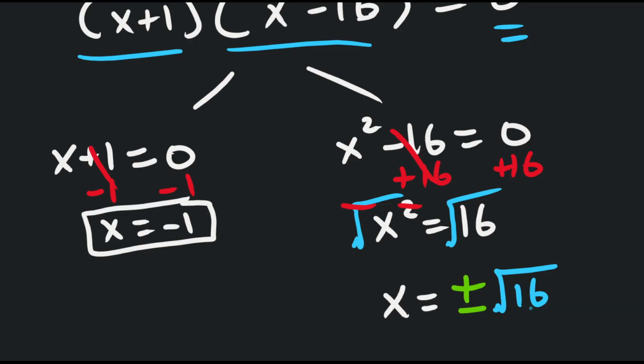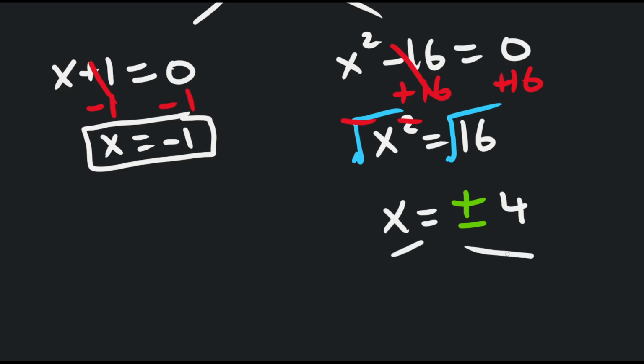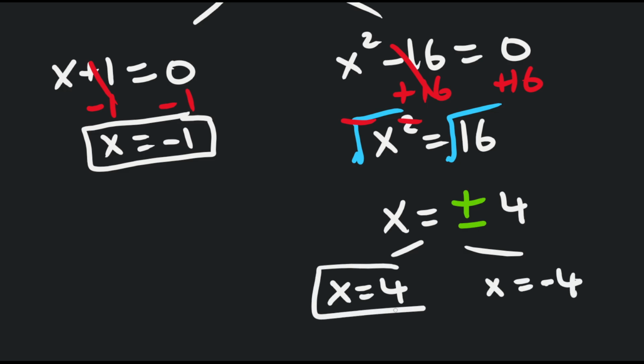And what's radical 16 evaluate to? That is 4. So we can just write x equals plus minus 4. And we can go ahead and split this up. So x equals positive 4 and x equals negative 4. So those are our three solutions. X is negative 1, x is 4, and x is negative 4.